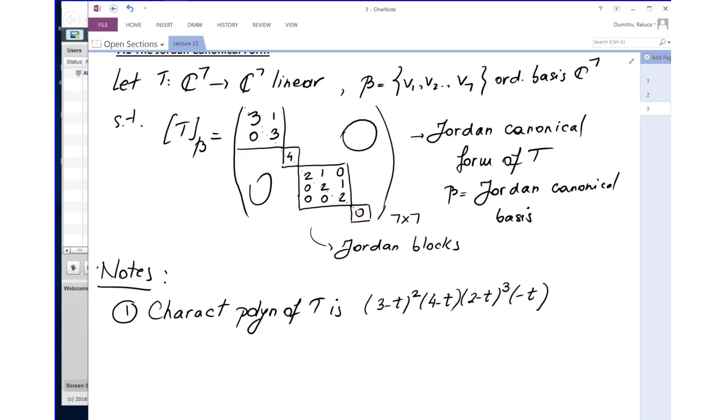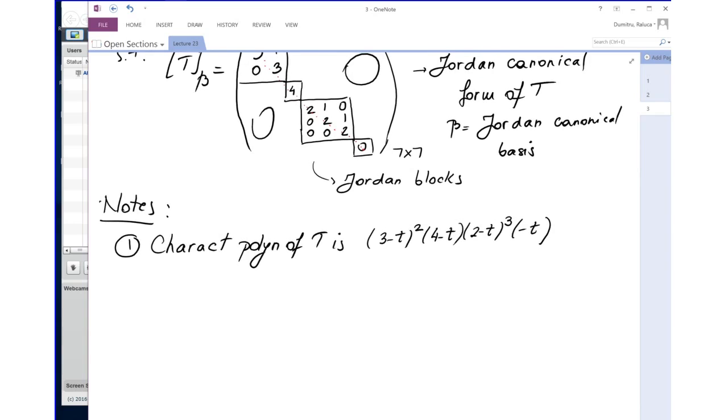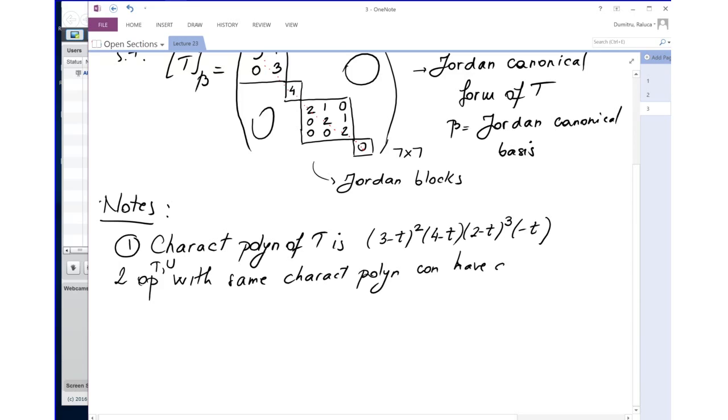However, the characteristic polynomial of an operator is not enough to help you find the Jordan canonical form, so it doesn't define the Jordan form uniquely. So two operators, T and U, with the same characteristic polynomial can have different Jordan canonical forms.